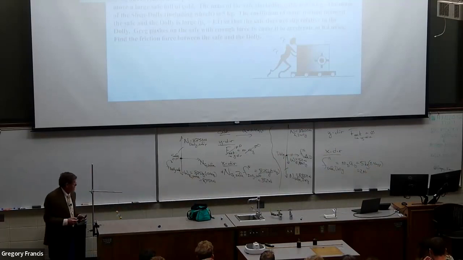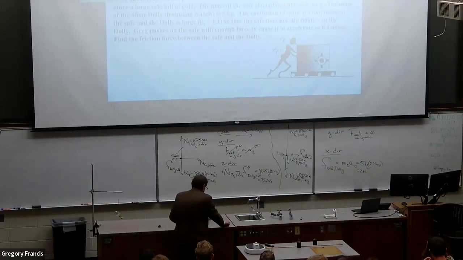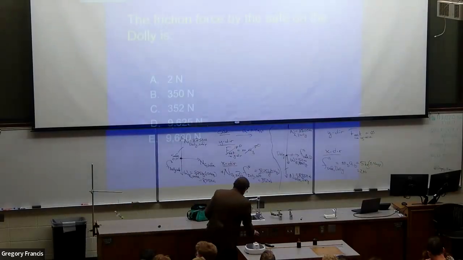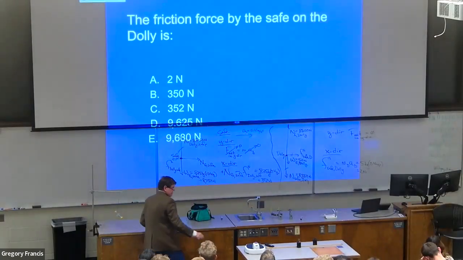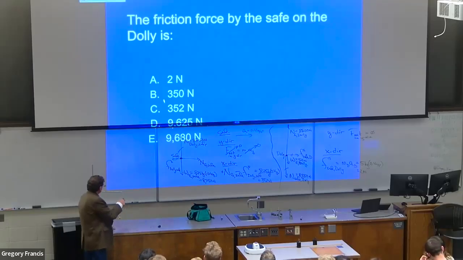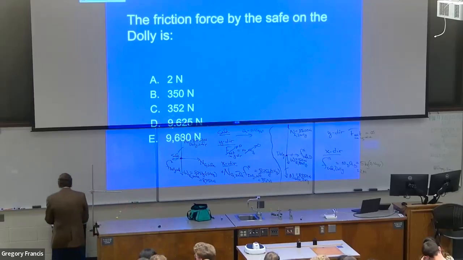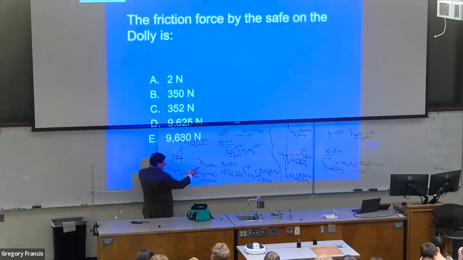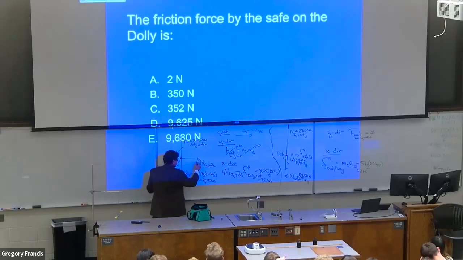Now, folks, if I could go back and just point out that there's the correct answer, 2 newtons. Well, 350, we said, was the net force acting on the safe. If the friction is 2 newtons, and this diagram has to scream to the right by 350, then the push by Greg has to be 352.